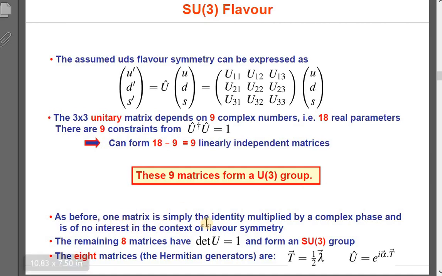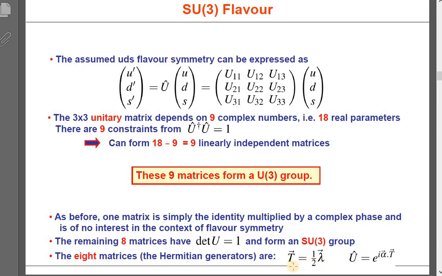Now, as before, one matrix is simply the identity multiplied by a complex phase, and it is of no interest in the context of flavor symmetry. So we are left with the remaining 8 matrices which have determinant equal to 1, and so form an SU3 group. The 8 matrices, which are the Hermitian generators, you can write as T = half of lambda.